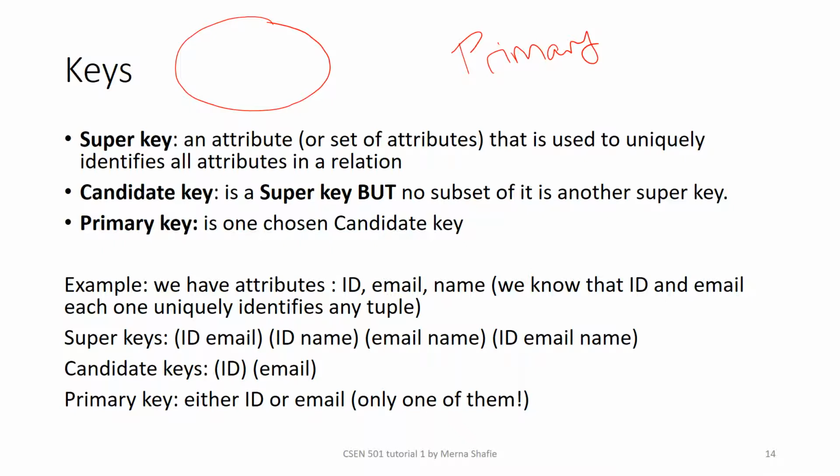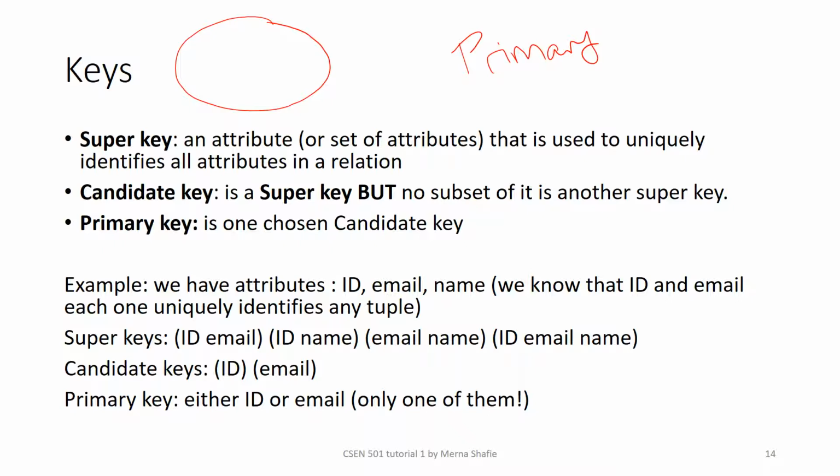What does this mean؟ لو أنا عندي ID ونيم مع بعض هما سوبر كي برضو، لأن أنا لو عندي ID 1 اللي أنا عارف بالظبط إن هو واحد محدد وعندي نيم برضو مع الاي دي، هقدر اطلع واحد بس that is unique. يعني لو قلت لك الاي دي 1 والنيم احمد مش هتطلع لي بني ادم واحد. طب لو قلت لك الاي دي 2 والنيم عمر مش هتقدر تطلع لي برضو واحد بس. يبقى اي attribute or set of attributes that together هيقدروا يطلعوا لي واحد بس that can uniquely identify كل attribute من دول في الانتيتي دي، يبقى this is called a super key. اوكي ف this is a very big pool.